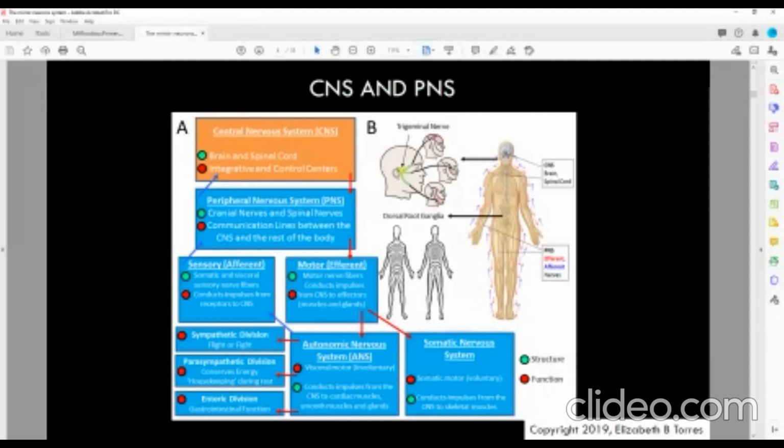And you have integrative and control centers that plan our actions and make sure they're executed and so forth. And the peripheral nervous system, which is quite complicated and rich, you have cranial nerves and spinal nerves, and those innervate the face and the body, again, in a schematic form showing here.